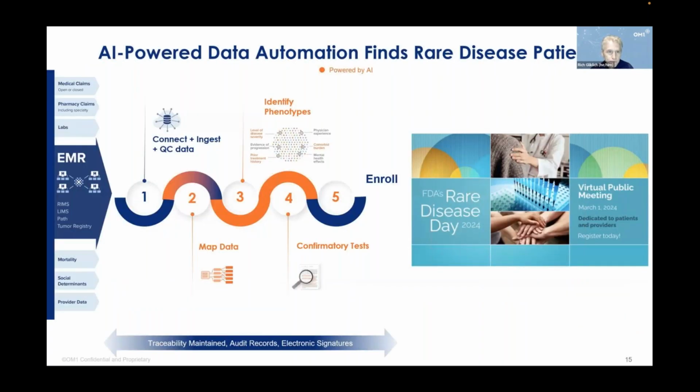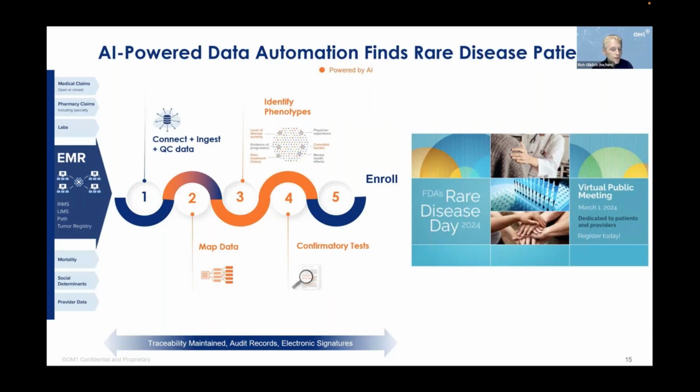Another use case, which we're utilizing in rare diseases, is also paradigm shifting. Here we're leveraging the same platform that I showed you before, Aspen, where we're connecting and ingesting data, QCing it, and mapping it from health systems, but now we move up to the identification of phenotypes.